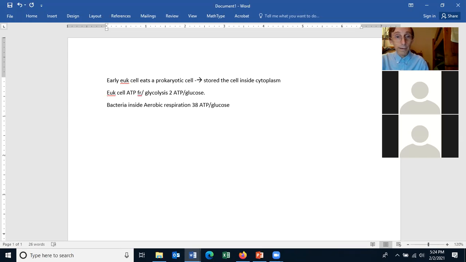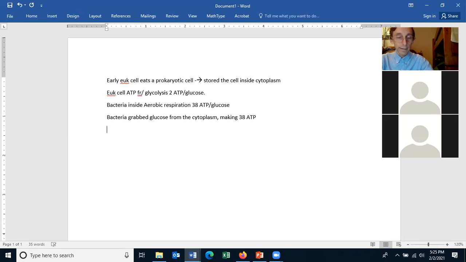And because the bacteria was inside of the proto-eukaryotic cell, the bacteria grabbed glucose from the cytoplasm. It was inside the cell, so it just grabbed glucose from the cytoplasm. And then it made 38 ATP.